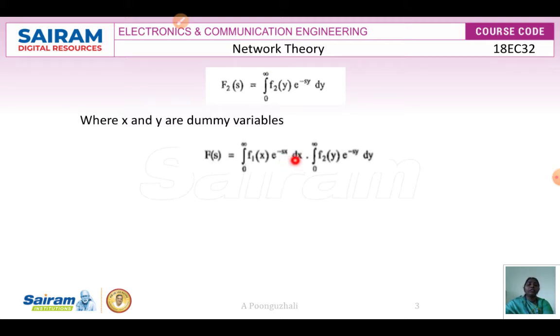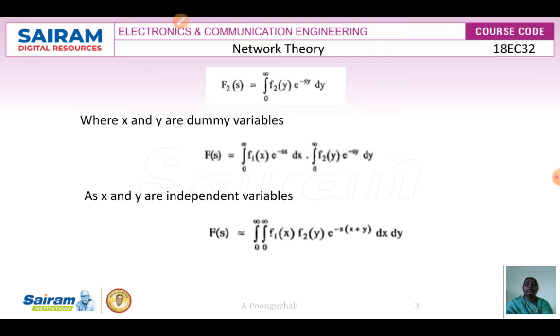If I combine the powers, it is going to be minus s into x plus y. We write x and y as independent variables, so f of s is equal to integral 0 to infinity f1 of x into f2 of y into e power minus s into x plus y into dx dy.